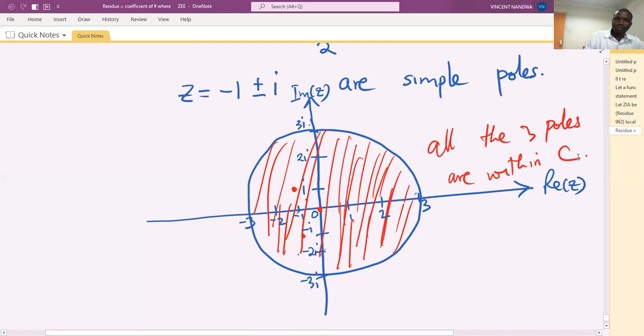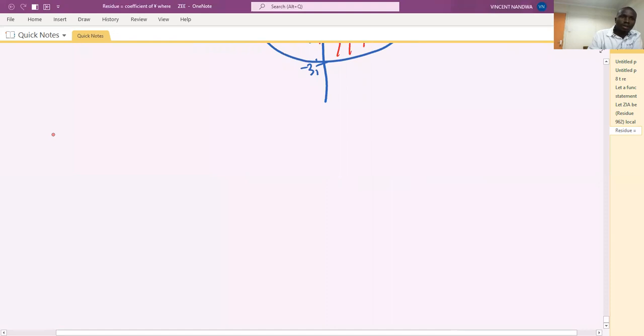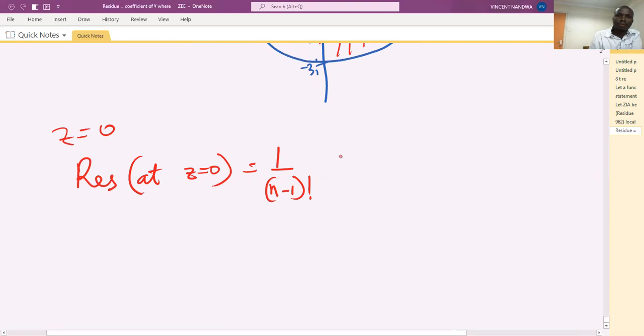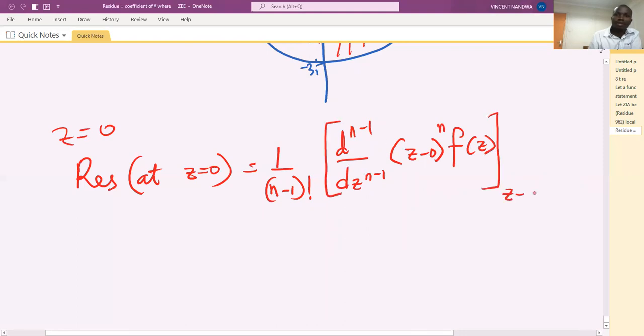So for the first one, now residues of the function at z equals to 0, we use the formula: residue at z equals to 0 will be given by 1 over n minus 1 factorial, n minus 1 derivative, z minus 0 power n f of z, and this should be done at z equals to 0.